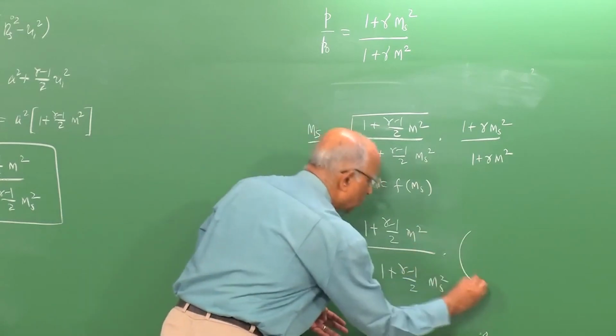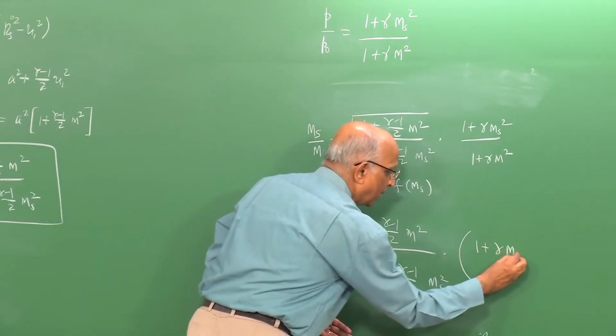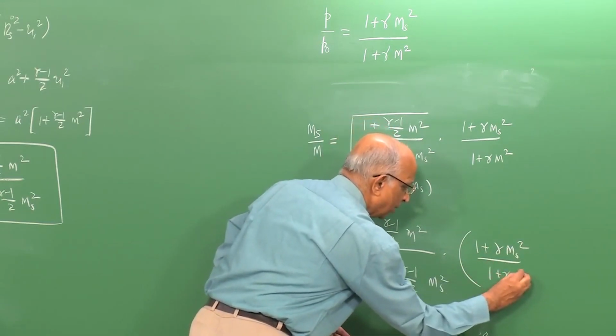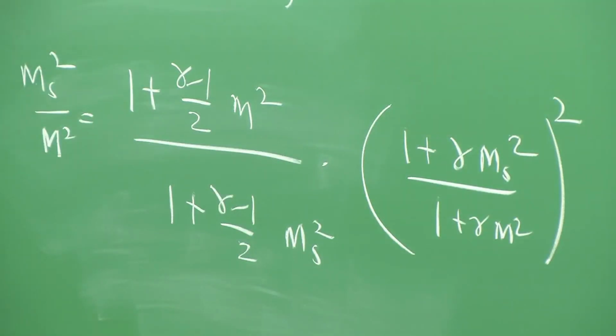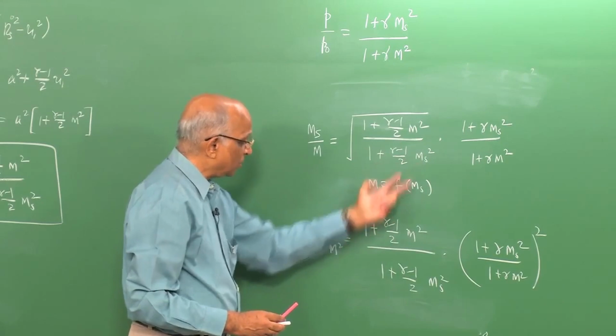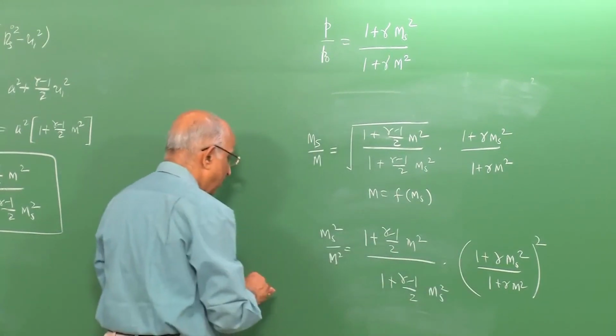Similarly, this expression becomes the square of (1 plus gamma Ms squared) divided by (1 plus gamma M squared). In other words, I square this term.